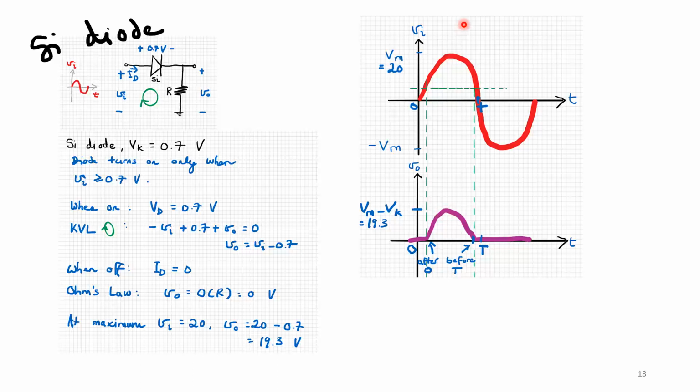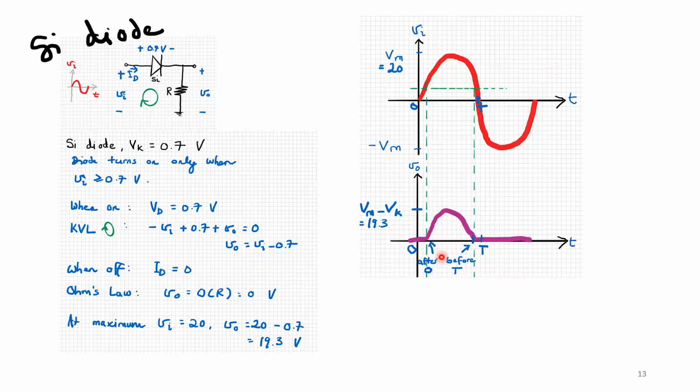So when V in reaches a maximum of 20 volts, V out reaches a maximum of 19.3 volts. Then when it goes down, once it crosses 0.7, it goes to 0 again, and it maintains at 0 until the input rises again in the negative cycle.